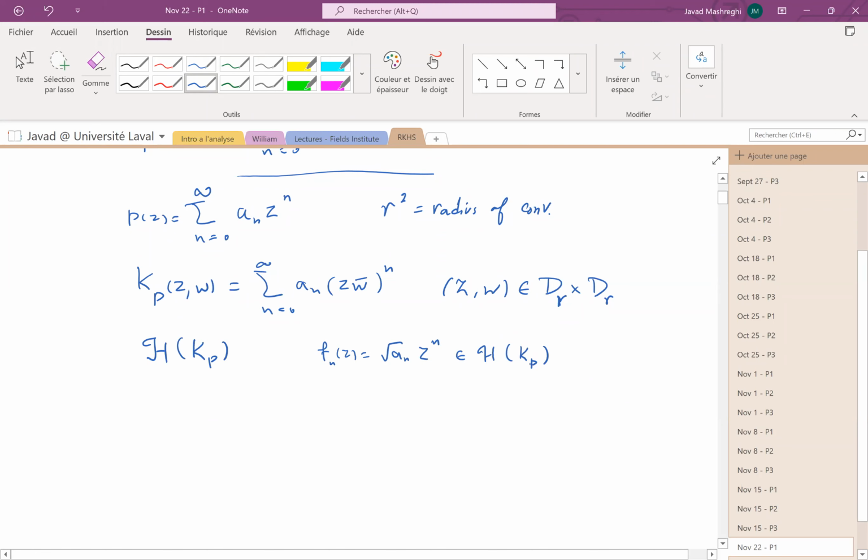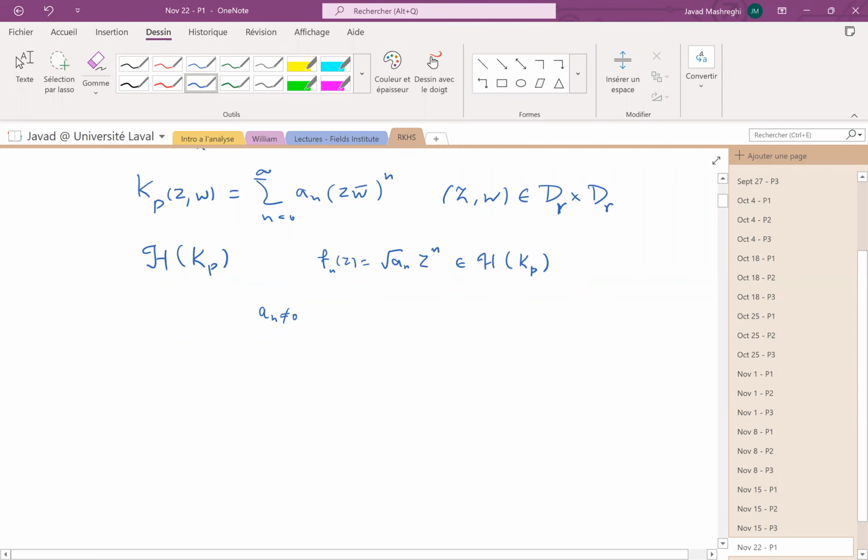Of course, even if a_n is 0 they are there, but it doesn't give us any information. If a_n is not 0, then these are of norm 1 and orthogonal to each other. So this set is an orthonormal set in our space.